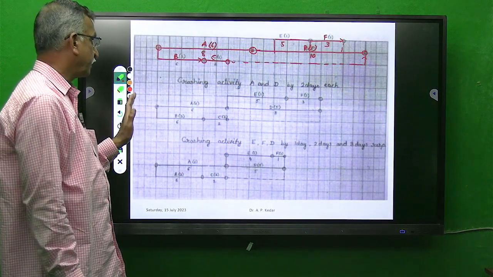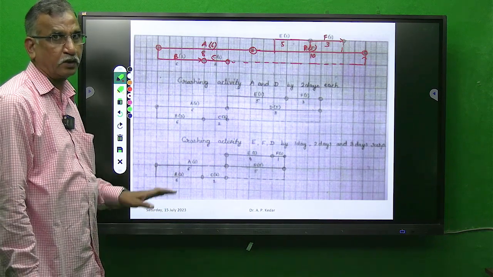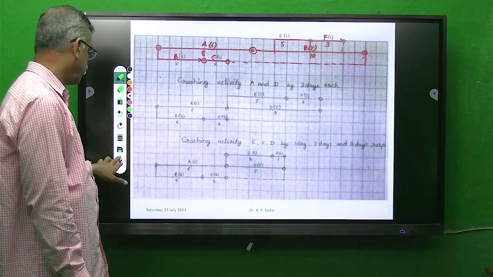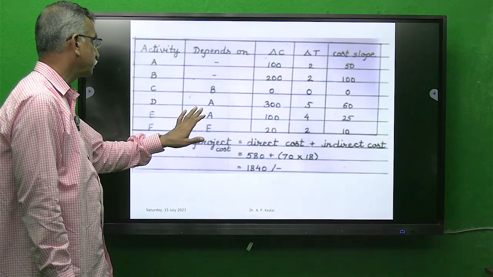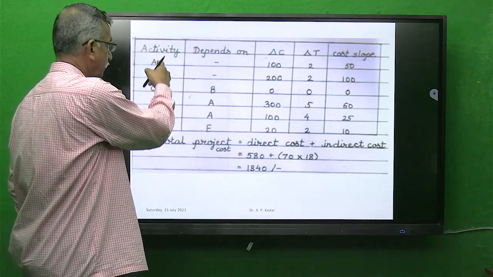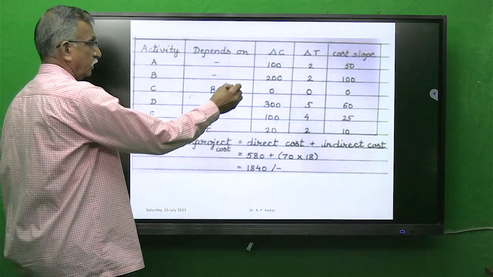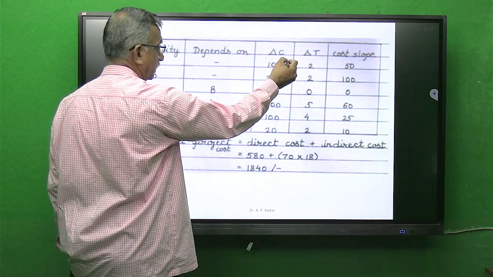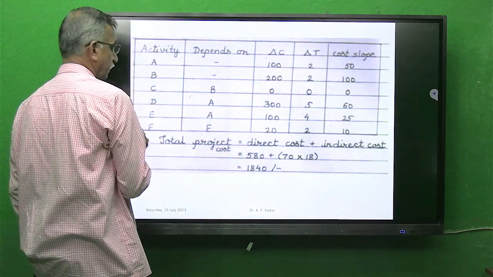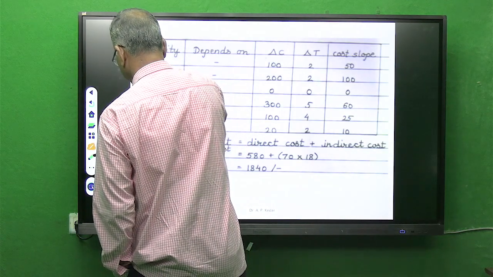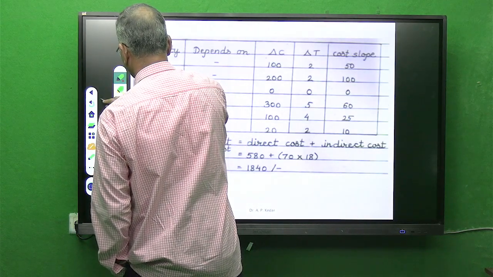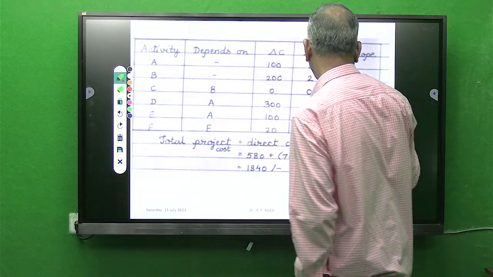Crashing is done step by step, and you have to first find the slope. How to find that slope? See here, these are the activities given. Delta C, delta T, indirect cost was given as rupees 70.